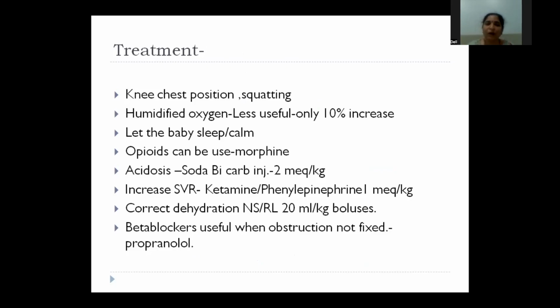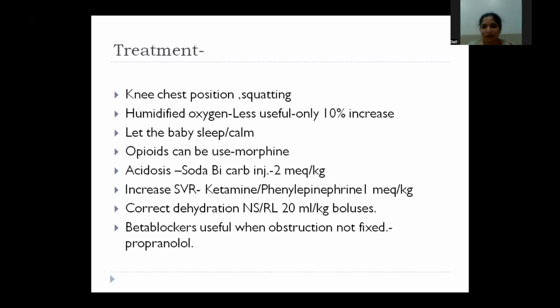We have to keep the baby calm, that is, we have to ameliorate the sympathetic stimulation, pain, cry, whatever. We can give a morphine injection if available, or we can give ketamine. Ketamine is the best drug to calm the baby, because ketamine increases the SVR, which is very important to reduce the shunting of blood from the right side to the left side.